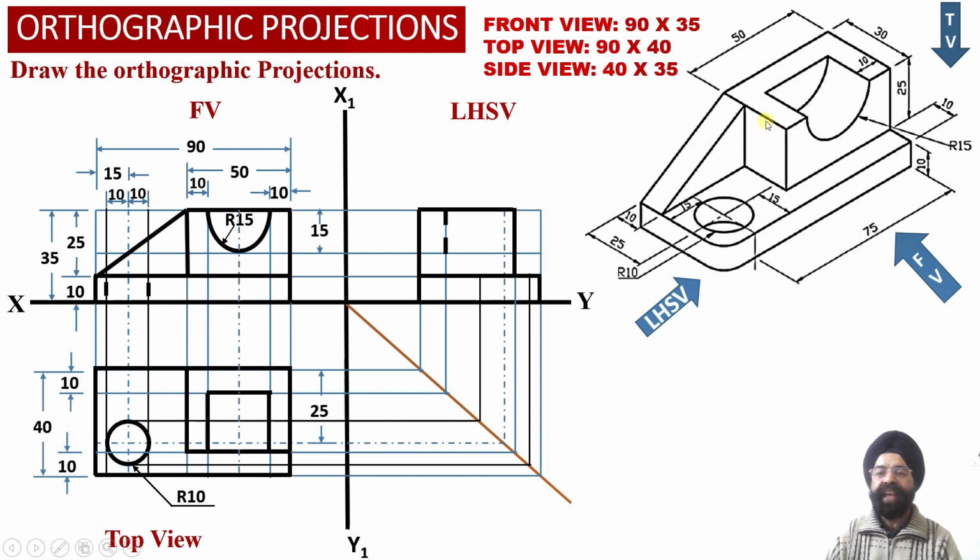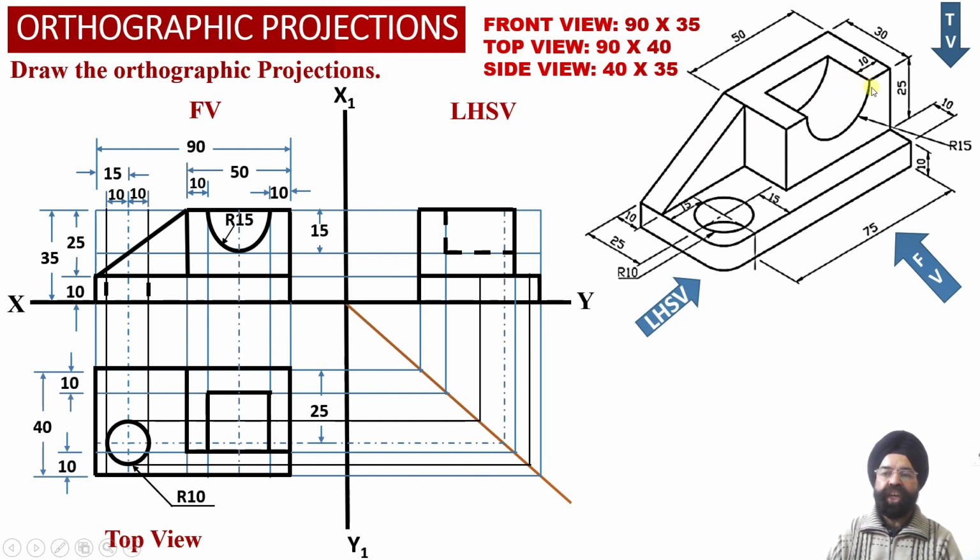But deliberately we have not joined this as an object line yet, because right now we want to discuss this semicircular slot, which will not be visible to the observer from the left hand side orientation. So this vertical semicircular surface will be visible as an edge view, as a dotted line in the left hand side view projections, and then the base of this particular semicircular slot will also be visible as a dotted line in the left hand side projections over here.